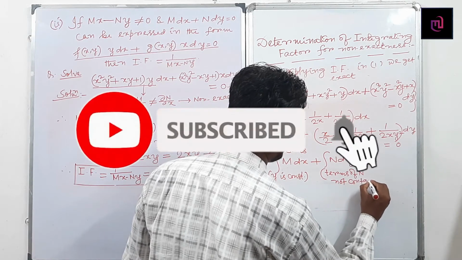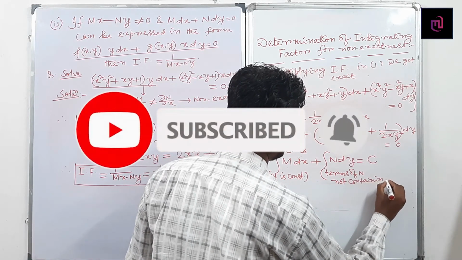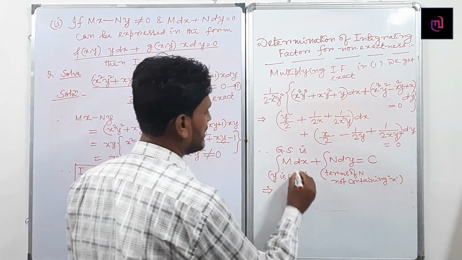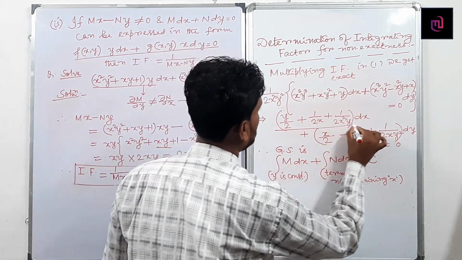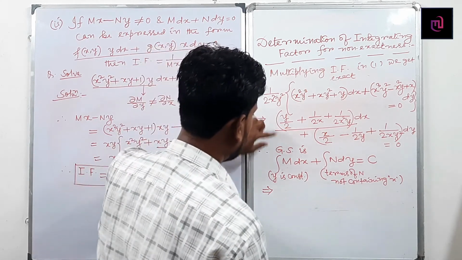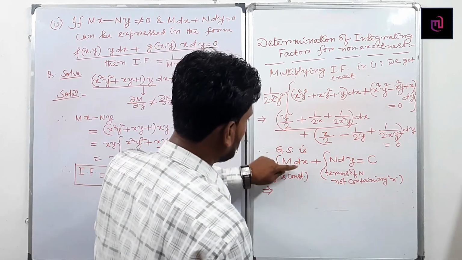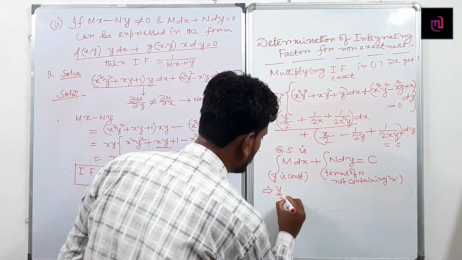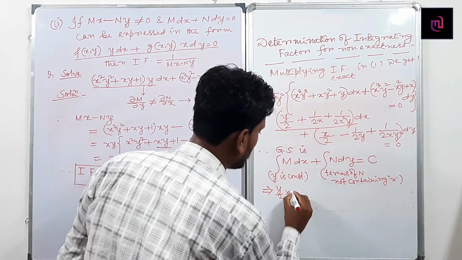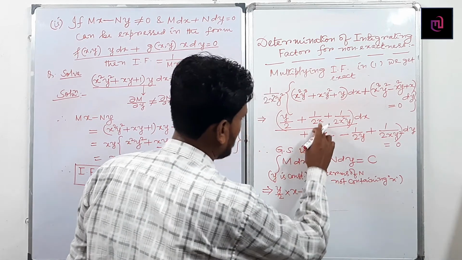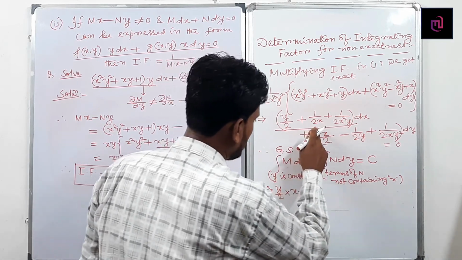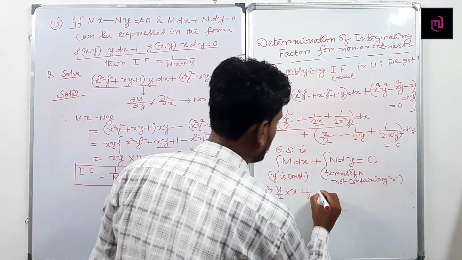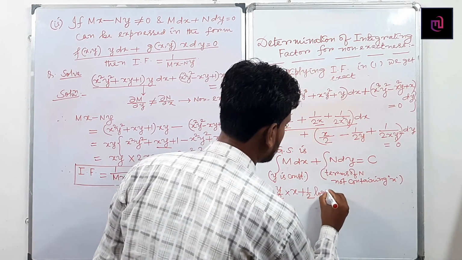So y by 2 is constant, so y by 2 into integration of dx becomes x, plus 1 by 2 is the constant, so 1 by 2 into dx by x becomes log of mod of x.